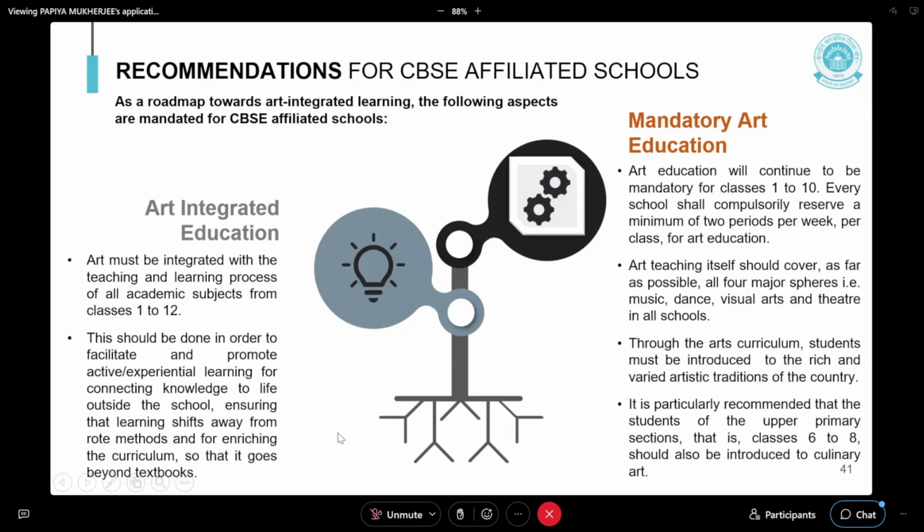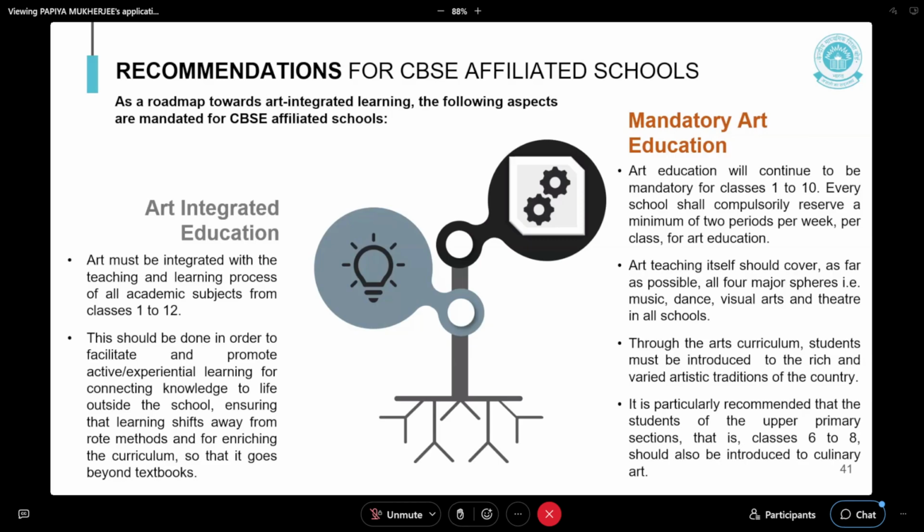But when we are talking about art integrated teaching and learning, that has to be again mandatorily there. This is the roadmap that has been mandated to be followed by CBSE affiliated schools. Art must be integrated with the teaching and learning process of all academic subjects from classes 1 to 12.